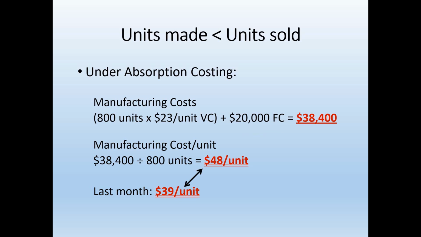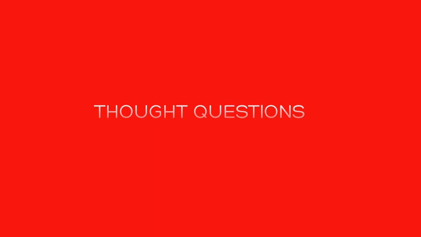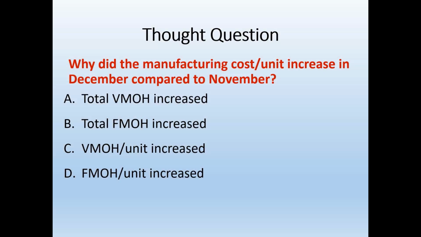When we compare these two numbers, we have to wonder, why was the manufacturing cost per unit higher in December than it was in November if nothing about the cost structure changed? So, you tell me, why did the manufacturing cost per unit increase in December compared to November?